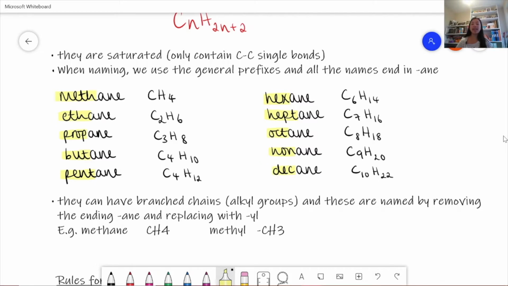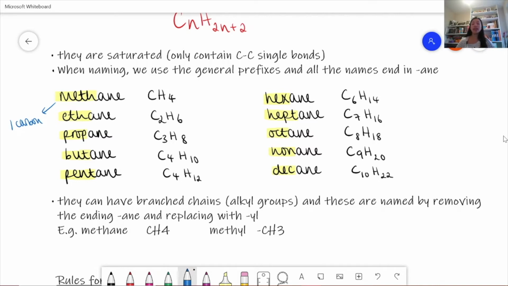What that indicates is how many carbons there are. So meth indicates that there's one carbon, and so the n in the general formula of this homologous series will be 1.